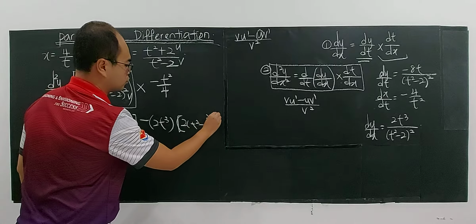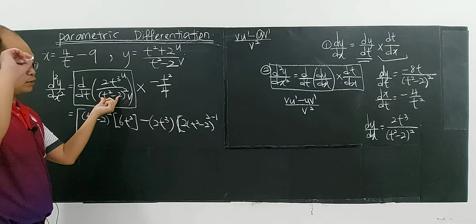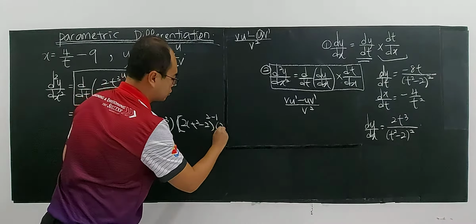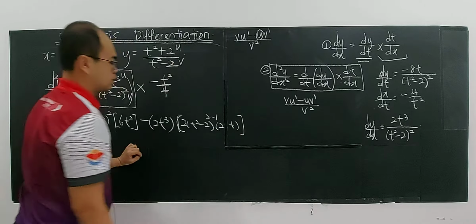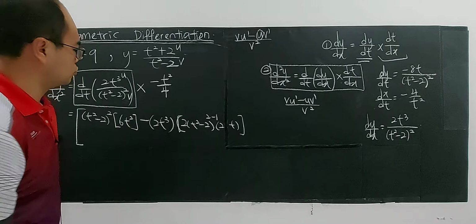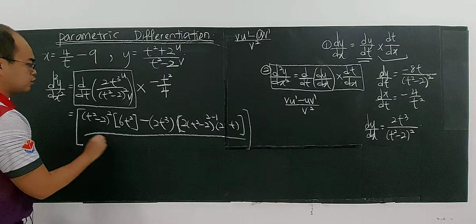Then differentiate the function inside the bracket, t squared minus 2, which will be 2t. Overall, you divide everything by v to the power of 2.